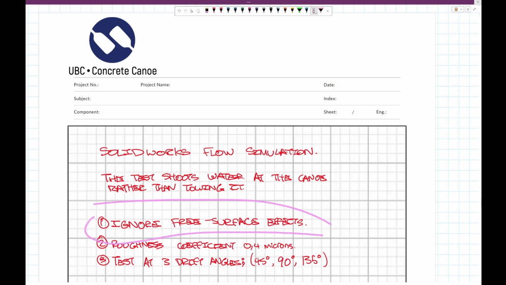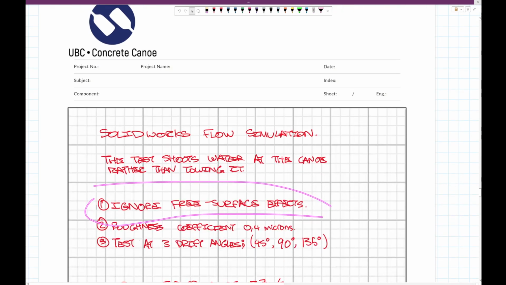The first assumption is that we're going to ignore any free surface effects. A free surface is the interface between two different fluids. In a canoe, that's the water and the air.